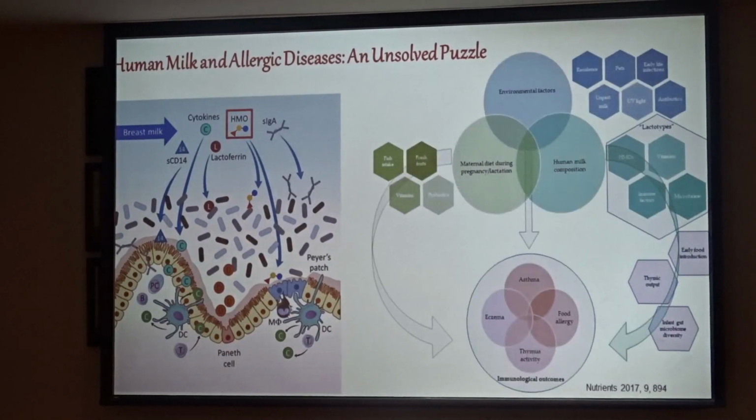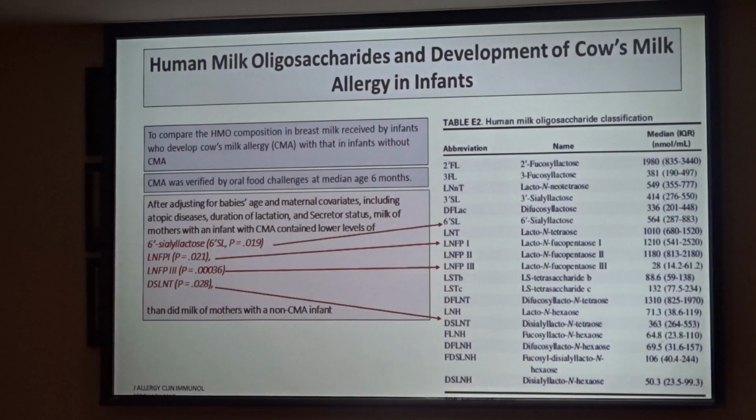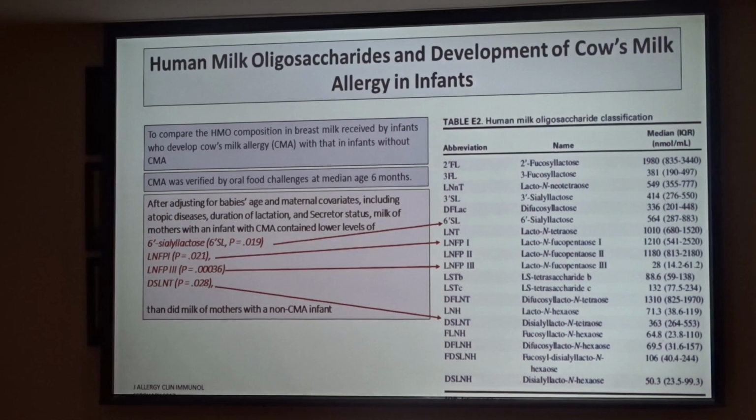For allergy, it's well known now to talk about human milk oligosaccharide and the risk of allergy. It's well known that breastfed infants have a low risk of allergy, and in this study we can see they made a comparison of the breast milk profile of the HMOs in those who will develop cow's milk protein allergy. They did a challenge test at the age of 6 months to see who developed cow's milk protein allergy.